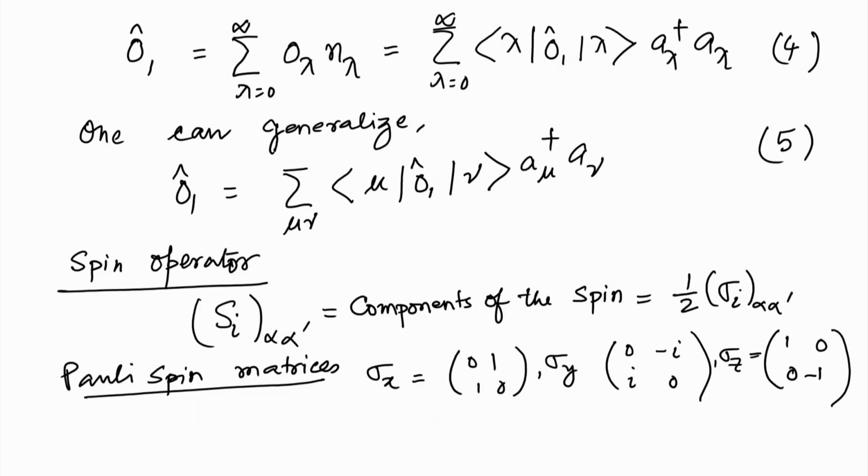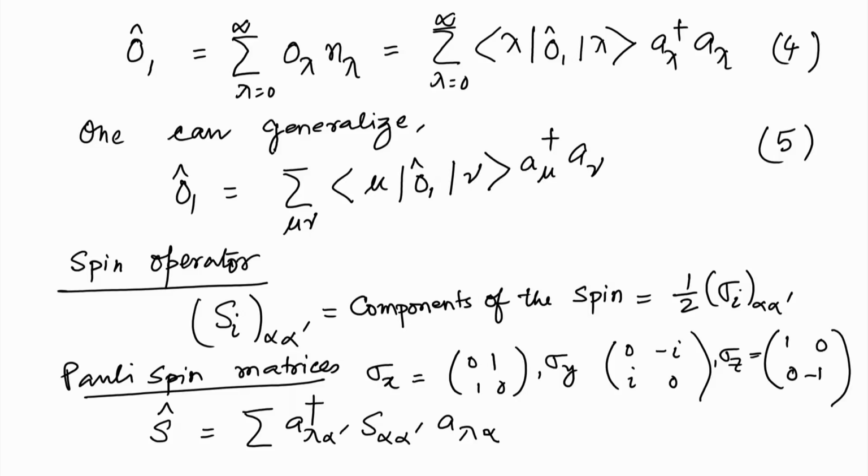Now I can write down a spin operator as simply equal to A lambda alpha prime dagger S alpha alpha prime A lambda alpha, where lambda denotes some other quantum number, here basically the space variable, such as x and y.